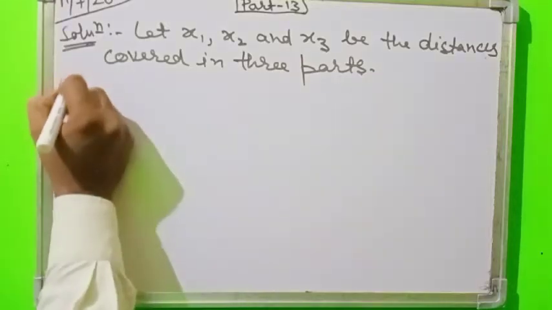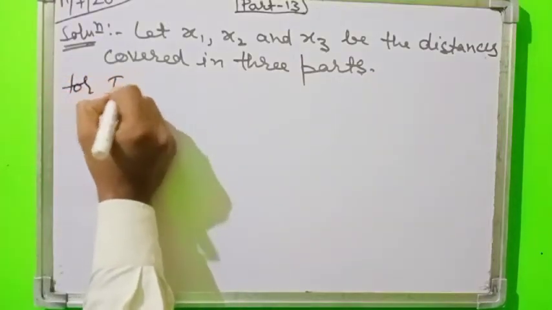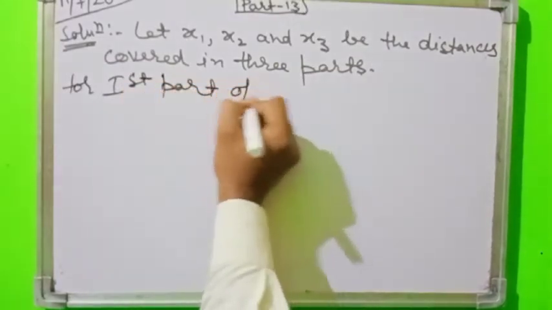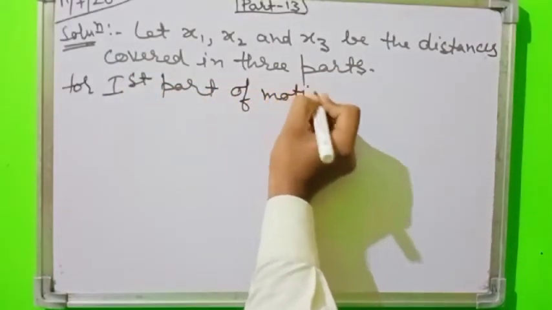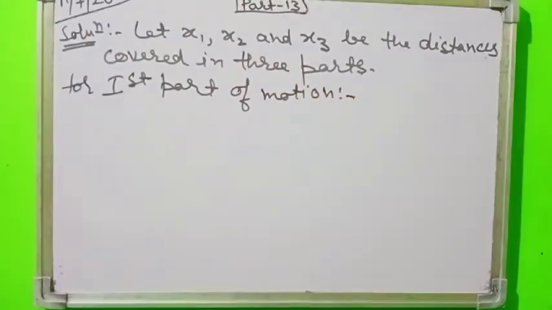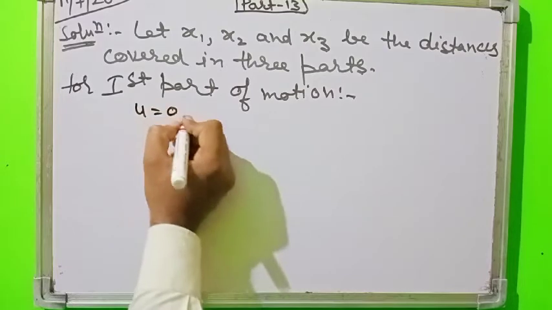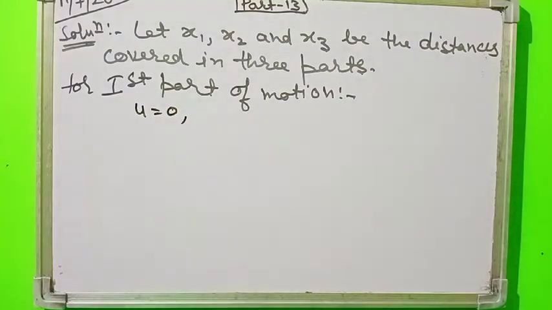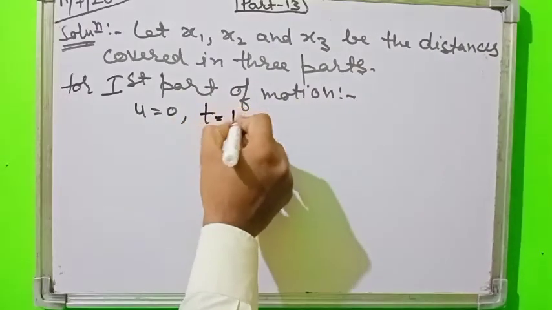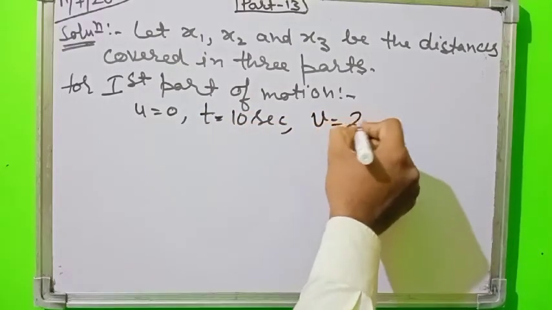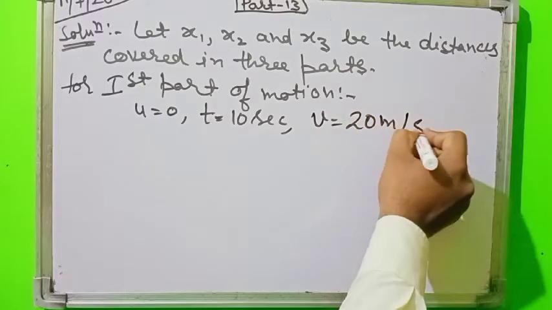For the first part of motion, since it starts from rest, u is equal to 0, time is 10 seconds, and final velocity is 20 meter per second.